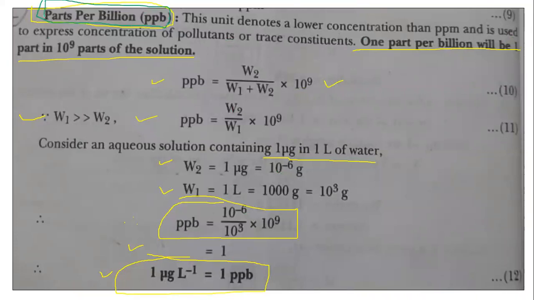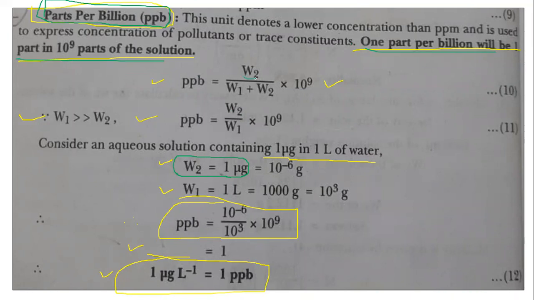In the last slide we have seen W2 was in mg. Here we are taking that in microgram. See now, 1 part per billion will be the 1 ppb.